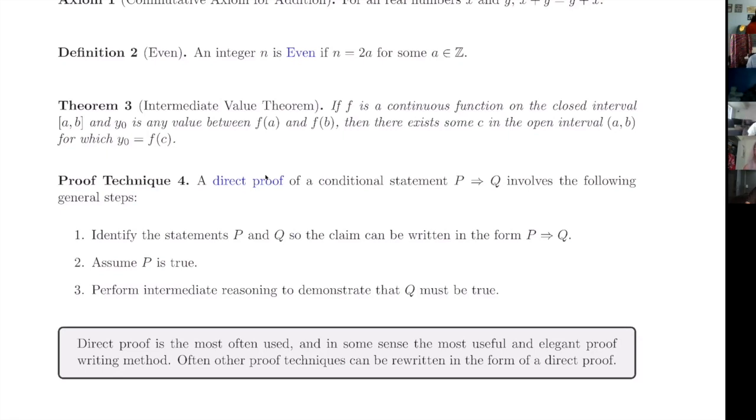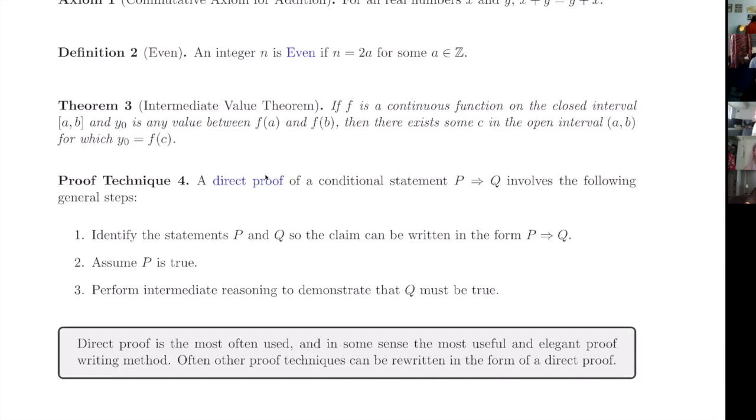And we actually have some steps that we can keep in mind when we're trying to prove these things. It's going to start with an if-then statement, and it might not always be clear what is P and what is Q. So a good first step is to do what we were working on in the previous worksheet, which is to carefully identify what the hypothesis and what the conclusion are.